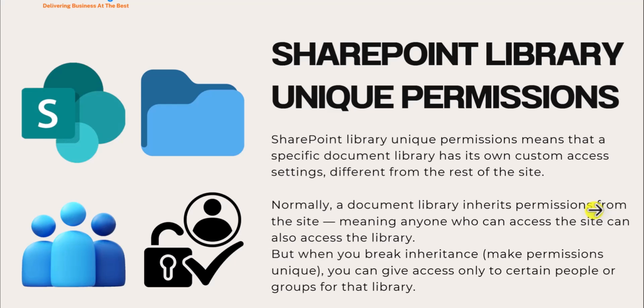Normally, whenever we give permission on a SharePoint site to specific people, he or she can access throughout the site. That means if the SharePoint site has 10 libraries with contents inside, that particular user can access everything.